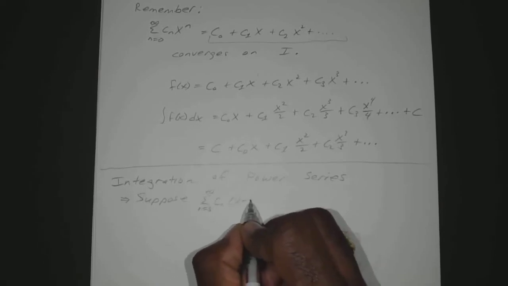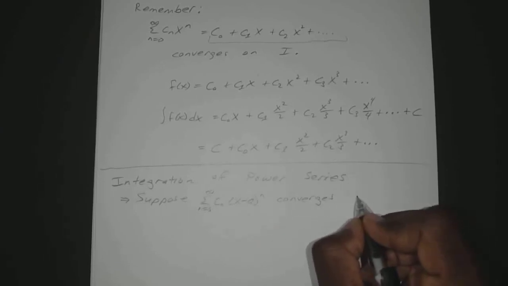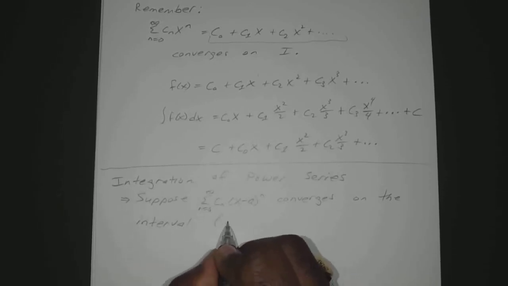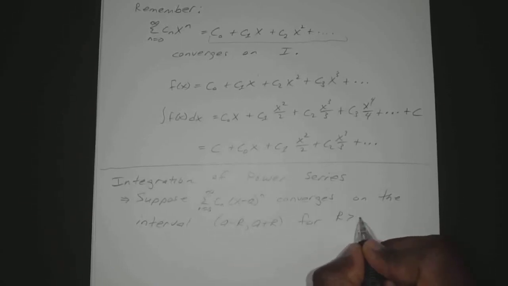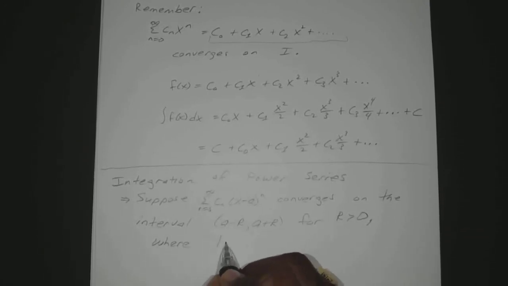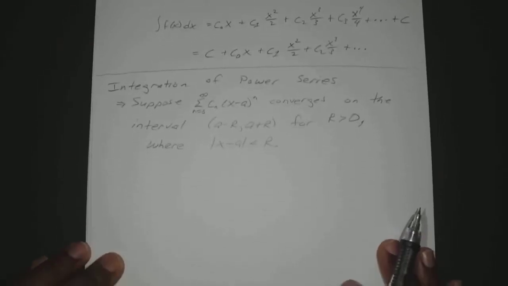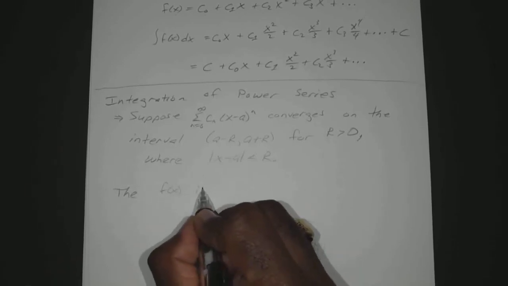So c sub n times x minus a to the power of n converges on the interval a minus r, a plus r, for some real number r greater than 0, where the absolute value of x minus a is less than r. Then we know that f of x is integrable.